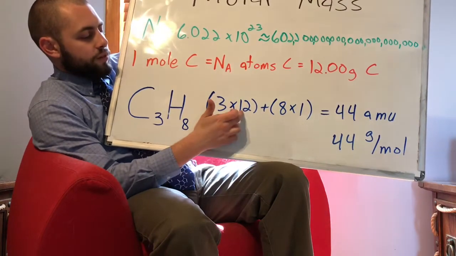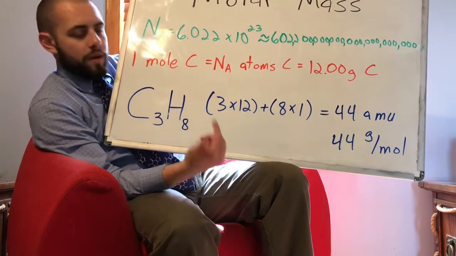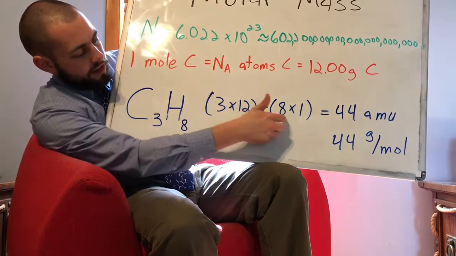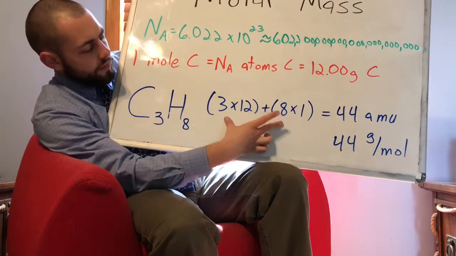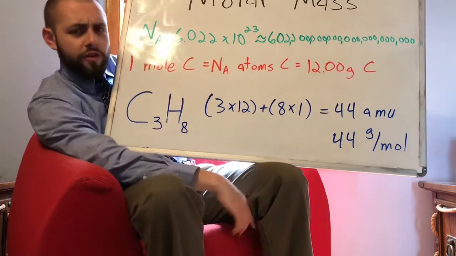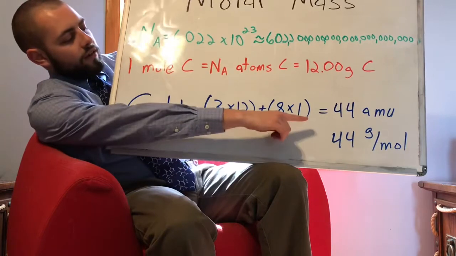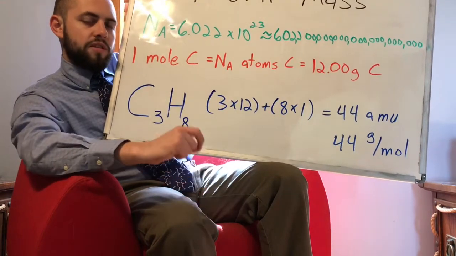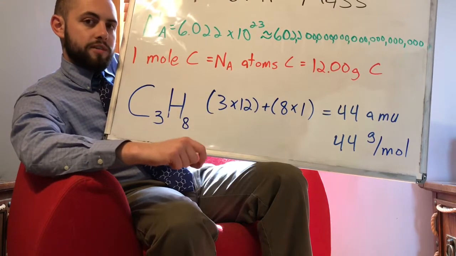So I could do 3 times 12. The average atomic mass of hydrogen is just about 1, so I did 8 times 1. I add these terms together, and you can see I got two different answers there. On top here, I put 44 AMUs, 44 atomic mass units.